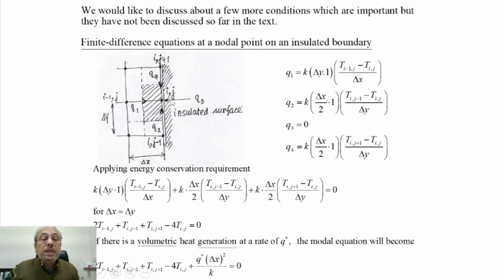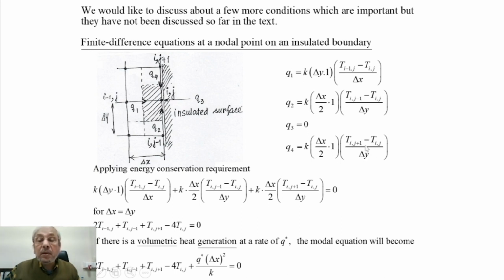But Q3, since it is an insulated surface and this node will not receive energy from this side, Q3 is 0, and Q4 is K delta x by 2 into (Tij plus 1 minus Tij) by delta y.